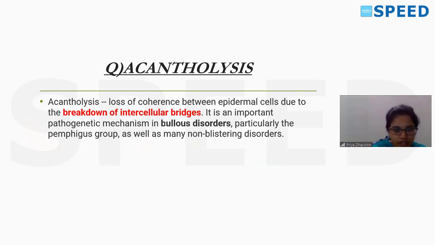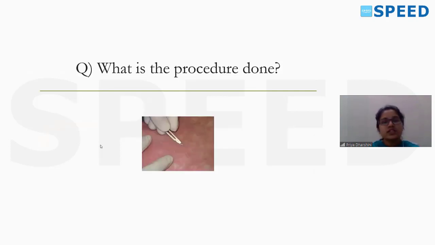So if that desmosome is lost, or if anything happens to that intercellular junction, this leads to loss of coherence between the epidermal cells, which leads to acantholysis. It is an important pathogenetic mechanism in all the diseases which have bullous intraepidermal findings. Mainly this acantholysis process is the main pathogenetic mechanism in the pemphigus group of disorders, and it also rarely occurs in other non-blistering conditions. So this is all about acantholysis.